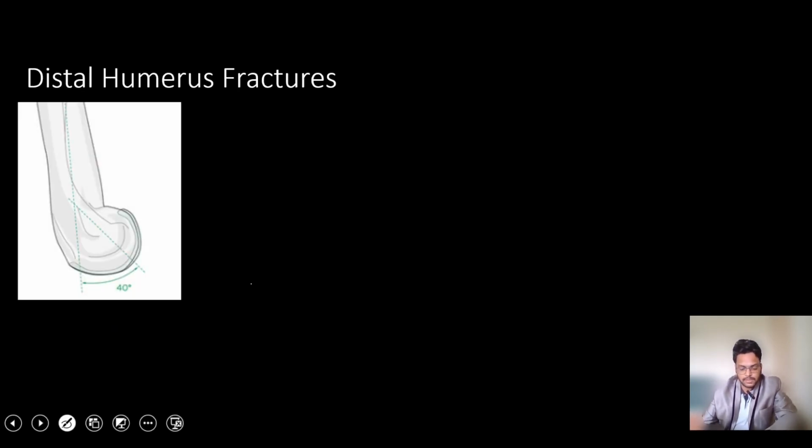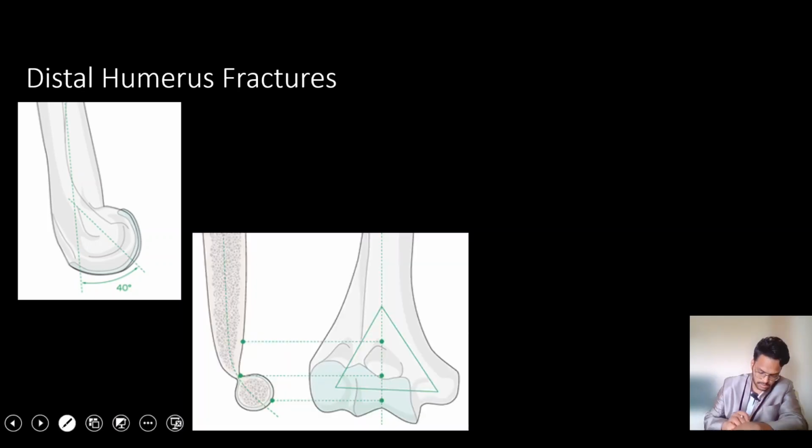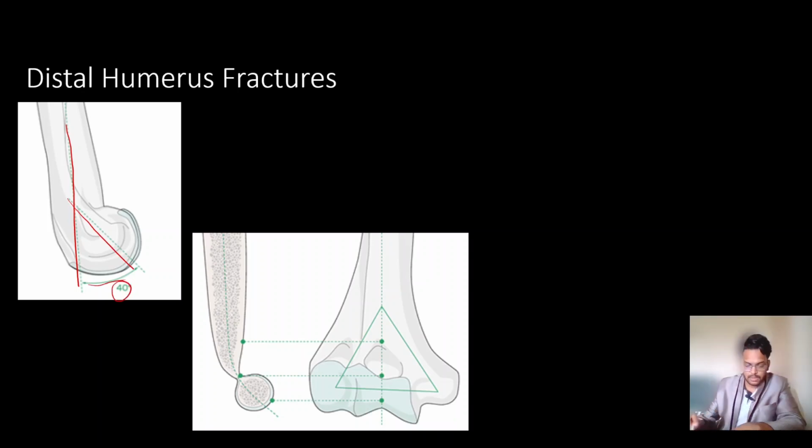See, this is the anteriorly oriented distal humerus, where the medial and the lateral condyles are anterior, and this is the humerus shaft, and the condyles are making an angle of 40 degrees anteriorly.